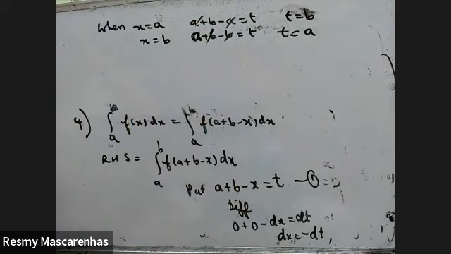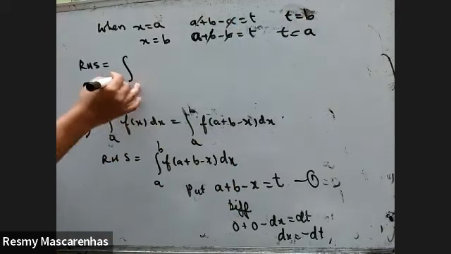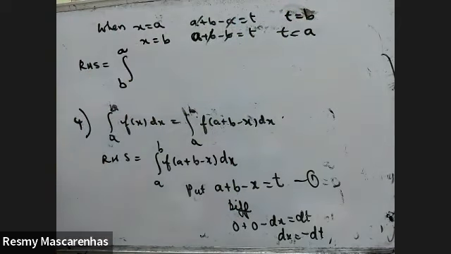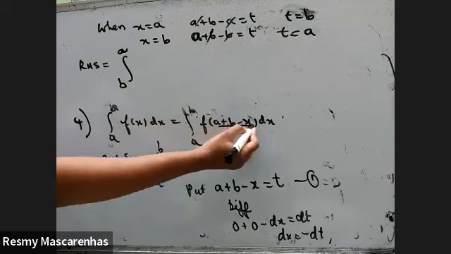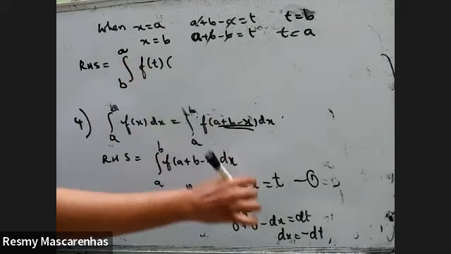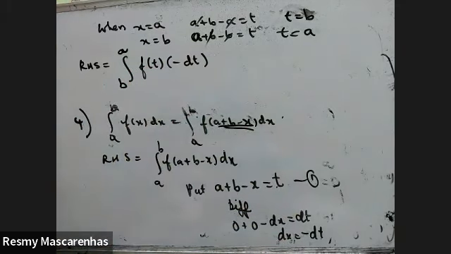So I change the limits also. Now right hand side back. Instead of a, what I have to replace it by? b. So when x was b, what is the value of t? It is a. So replace. Now a plus b minus x is nothing but t, and dx is nothing but minus dt.